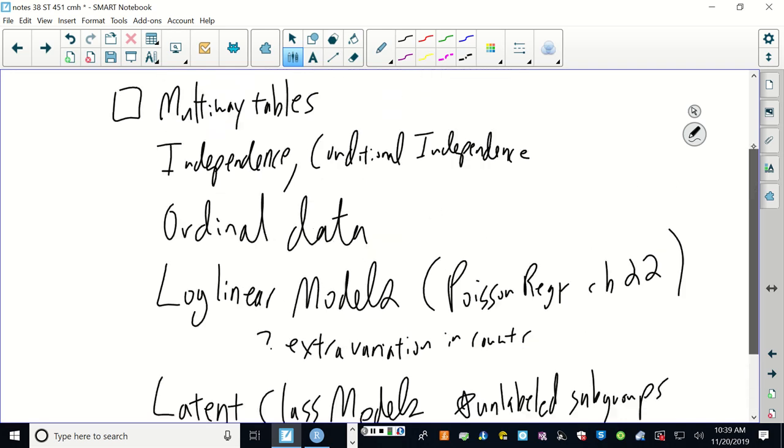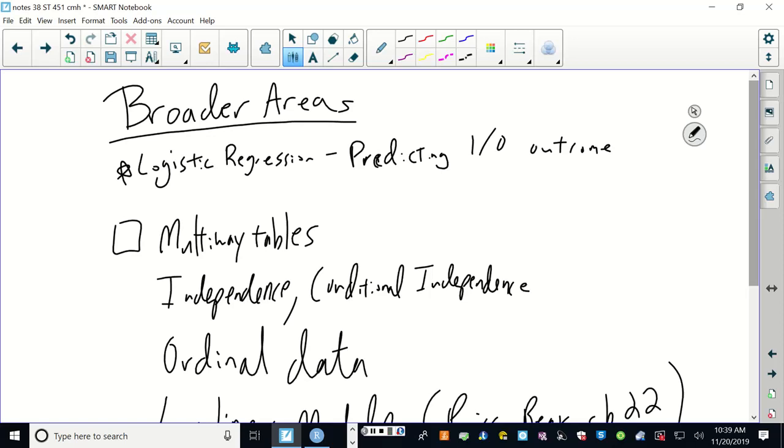So the categorical data that we've done covers a big swath of what's really done in practice, comparing two proportions, looking at odds ratios, doing some things with stratified tables. And we will do more with logistic regression, which kind of builds on this. But there's a whole area that's been developed for building bigger, more complex models for categorical data.